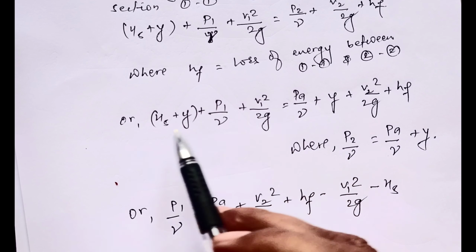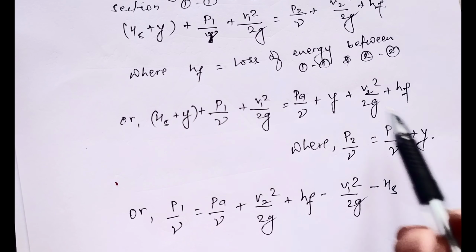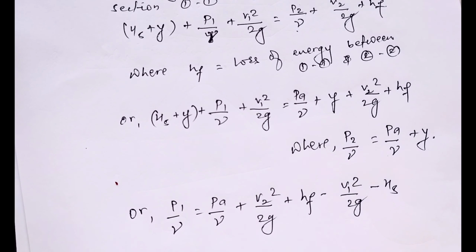On simplifying this equation by placing the value of P2 by gamma on this, we get the result is this.